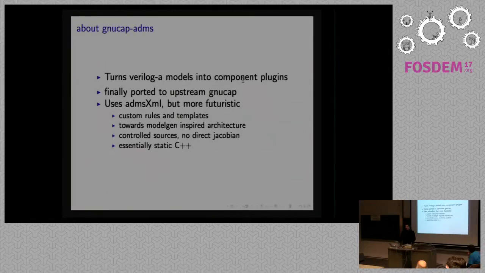ADMS XML provides templates for emitting simulatable component code for SPICE. So this is essentially Jacobian stamping code. I have completely rewritten that to more resemble the model gen, which is the old gnucap model compiler architecture.